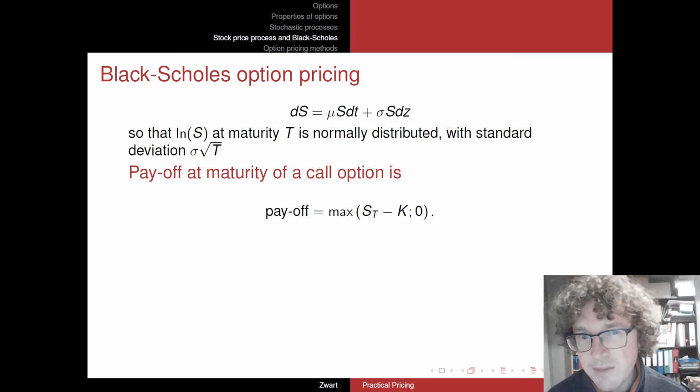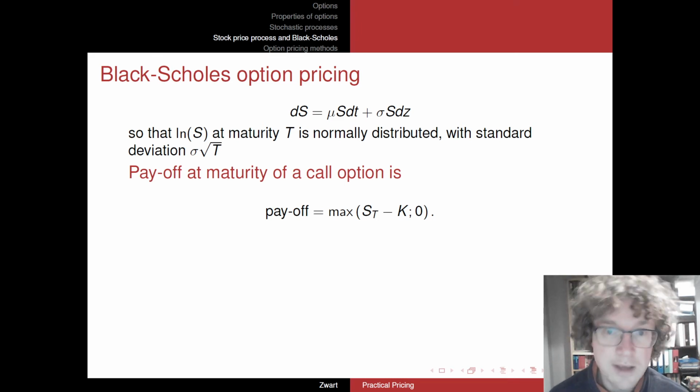Let's have a look at the payoff of a call option. So at maturity, at time T, when we have the right, but not the obligation, to buy the stock, what do we get? If the stock price at that moment, at time capital T, is above the strike price, the exercise price K, then we make a profit.